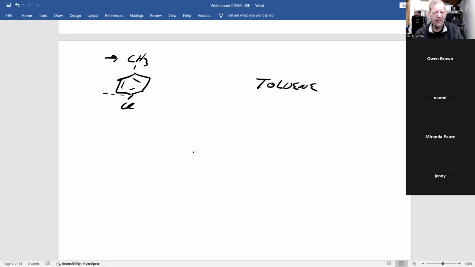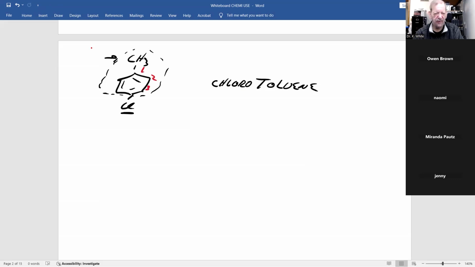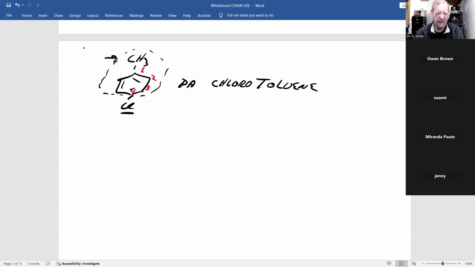And as soon as I say toluene, that's spoken for. And here we have chlorine, so that's a chloro group. And if we look at this, on this ring, this is 1, 2, 3, 4. So it's 1,4 disubstituted. 1,4 is para. And that would be parachlorotoluene.